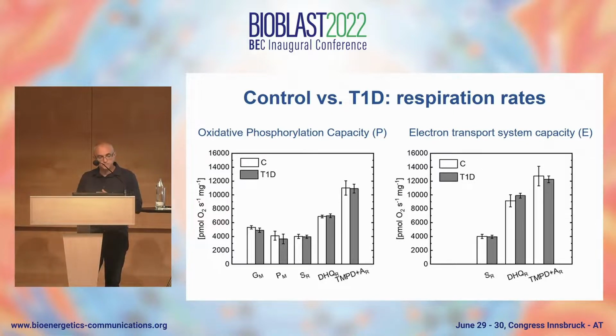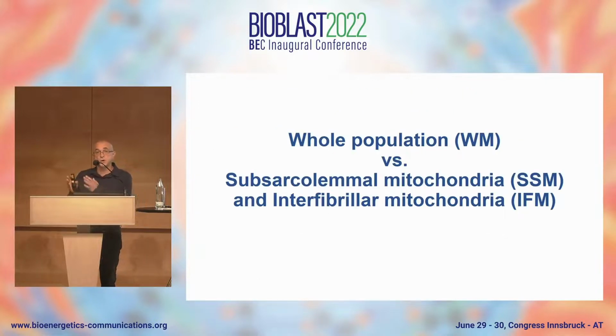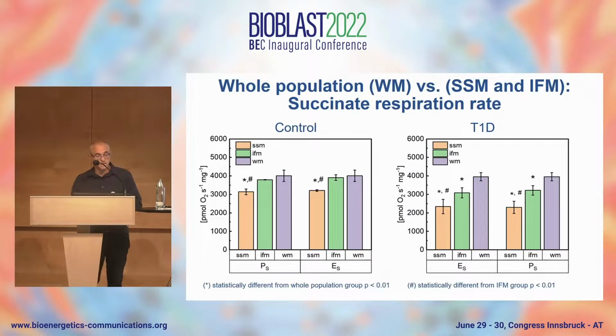So then we compare the respiration rate of the whole population of mitochondria with those obtained from subsarcolemmal and interfibrillar mitochondria. So these are the results. In this slide, I just reported those obtained with the succinate, but were similar to those obtained with the other substrates. On the left, these are referred to the control group.